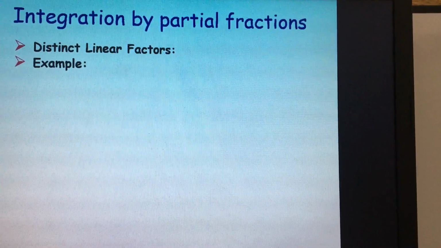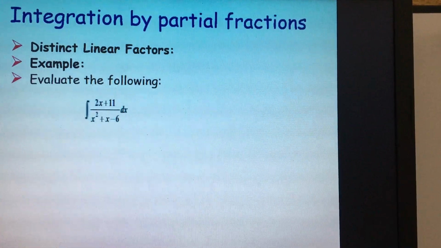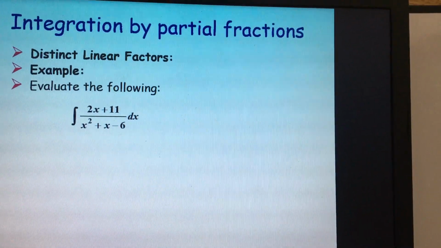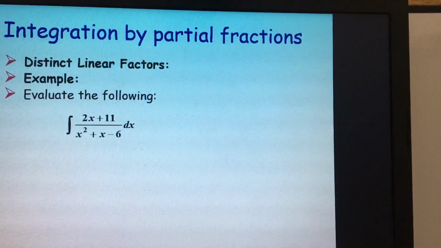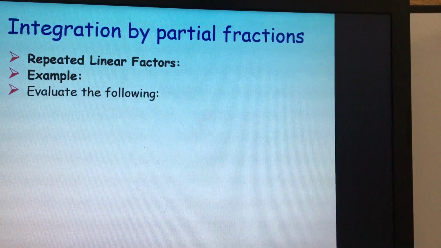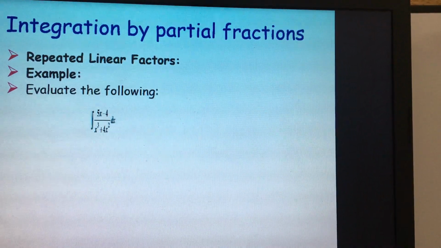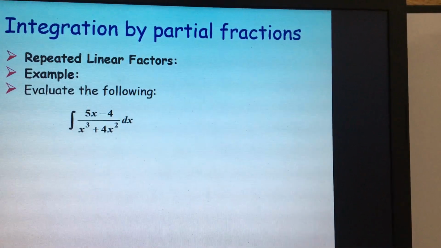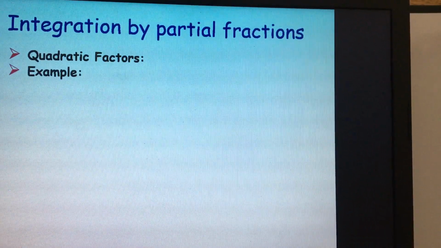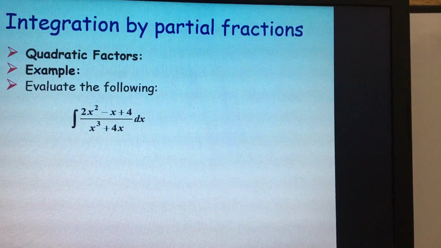So we have here the distinct linear factors. If you look at the degree at the numerator, it's less than the degree in the denominator, and also in the repeated linear factors, you see that the degree at the numerator is less than the degree at the denominator, and so with these quadratic factors.